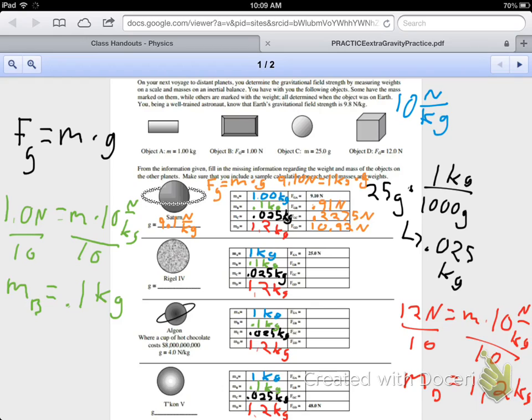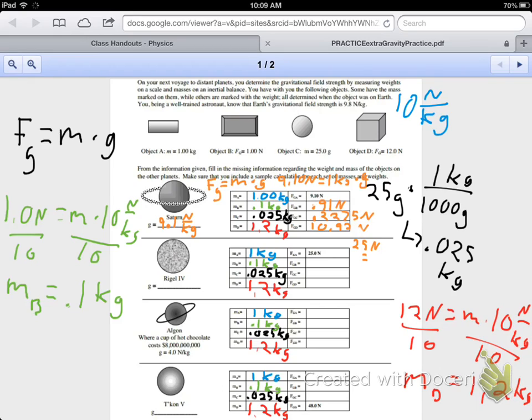So now we'll bump on down here to Rigel 4. And again, we're given that same starting point where we have a force due to gravity and a mass. So again, we will start with that F, that force due to gravity. And actually, that would be 25 newtons.